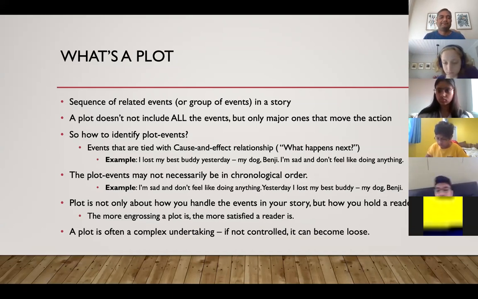So when I say sequence of related events, it does not mean time sequence. It is often up to the writer to arrange these events in a way that works best for the readers, that gives them a good amount of tension building and a good amount of entertainment, right?